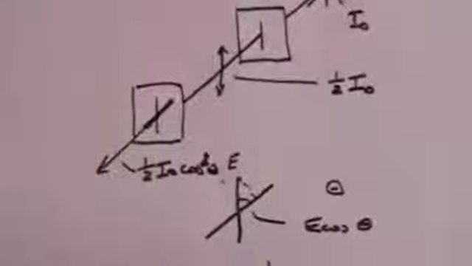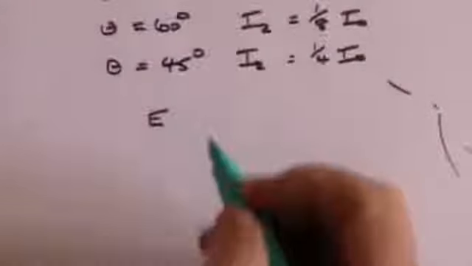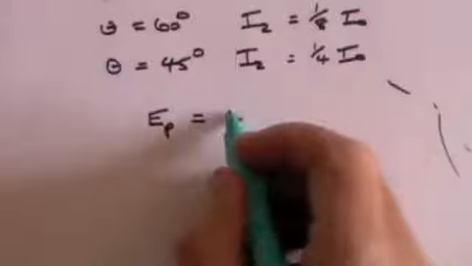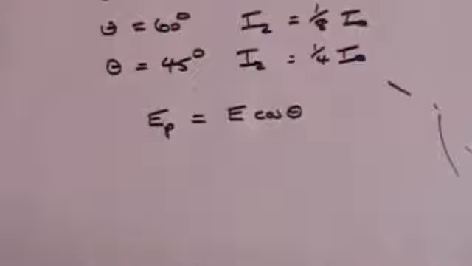But as I said earlier, this is a classical explanation and it doesn't quite work. The reason it doesn't quite work is that what we're saying is that the component of the E field which passes through the second polarizer is going to be the E field multiplied by the cosine of the angle between them.